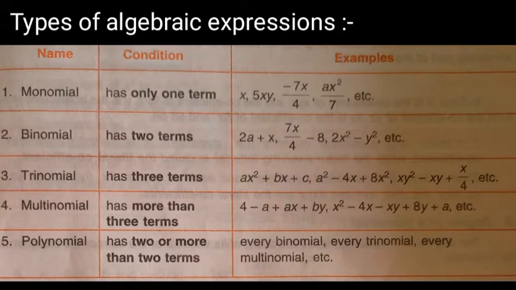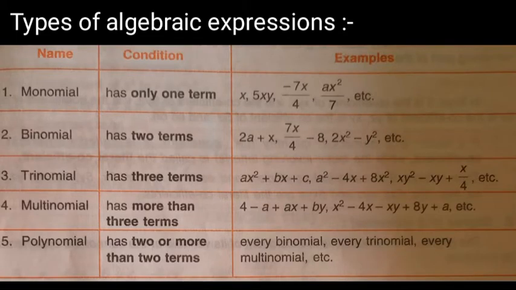Now the next one is trinomial. The condition for a trinomial is that it has 3 terms. For example, ax square plus bx plus c, a square minus 4x plus 8x square, xy square minus xy plus x by 4, etc. In these examples only addition and subtraction signs are used, but there are three terms.